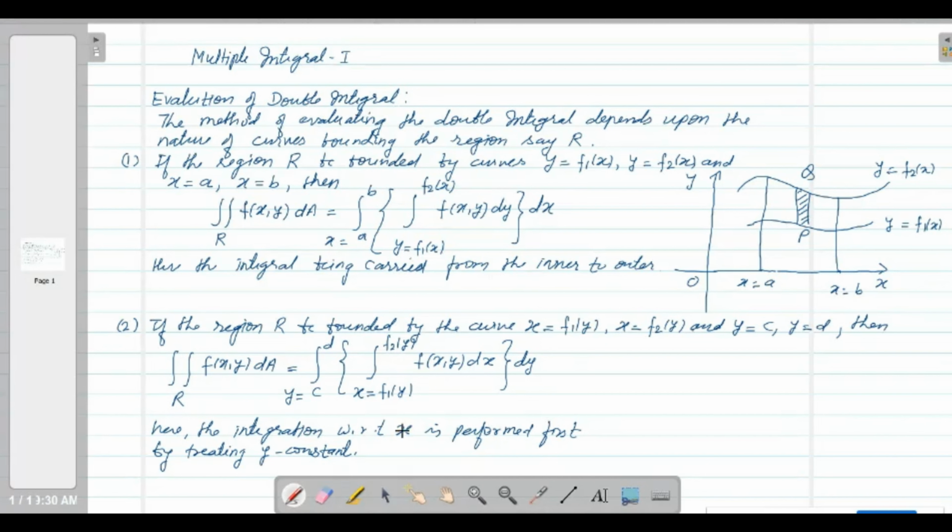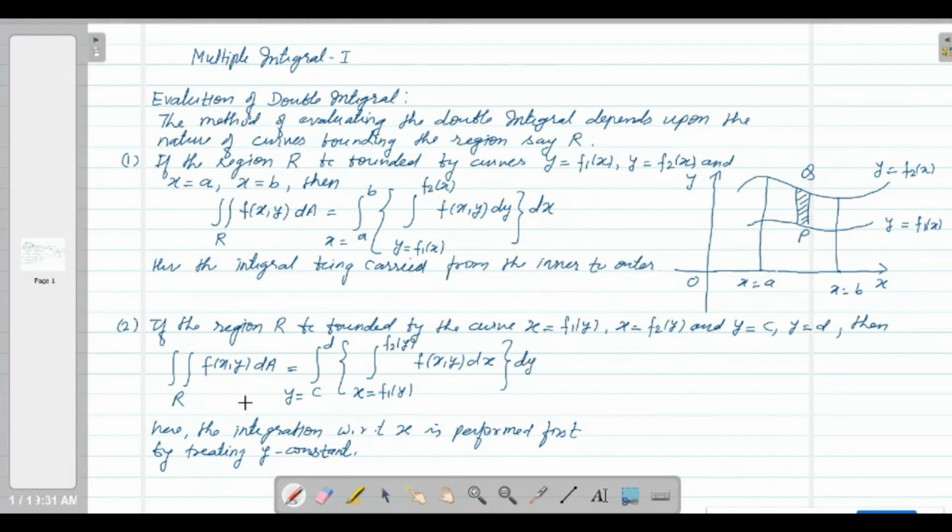So we will evaluate the inner integral first by treating y as a constant. Why is this so? Because this is the limit of the function. We will evaluate this integral first, then the outer integral later, because we want the area of the region bounded by the curve, which is some number, not a variable.